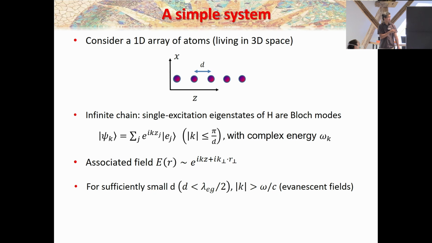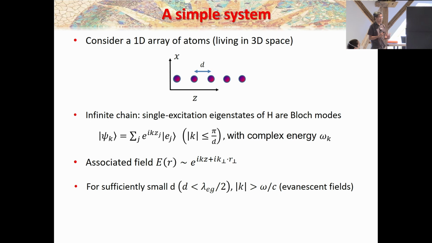And so life becomes interesting if you consider taking a sufficiently small lattice constant. If you take the lattice constant to be smaller and smaller, the size of your Brillouin zone gets bigger and bigger, and the maximum allowed Bloch vector increases. At some point, the magnitude of this Bloch wave vector is going to exceed the dispersion relation of light, omega over c.